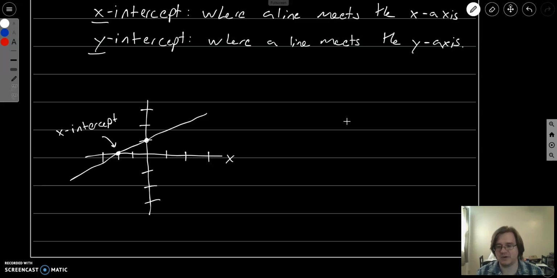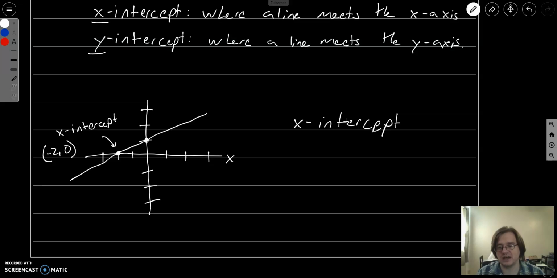And that point there, we can count backwards. So this will be 2 backwards. So this is going to be at -2, and we're not up and down at all. So -2, 0. And quite often, when people will ask you what is the x-intercept, we know that the x-intercept has to be when the line hits the x-axis.